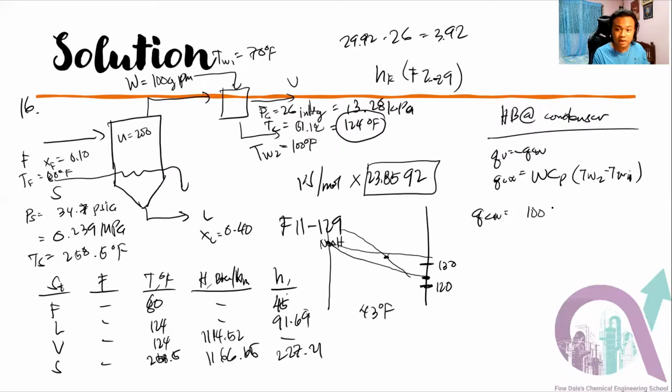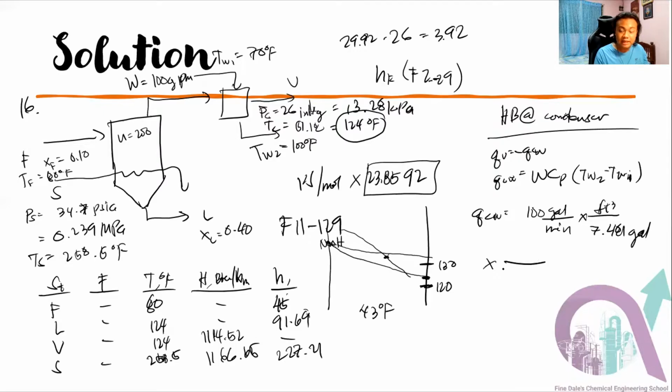We have 100 gallons per minute. Transform that to mass flow rate by using the density. Using the density, you have cubic feet, and then 7.481 gallons.